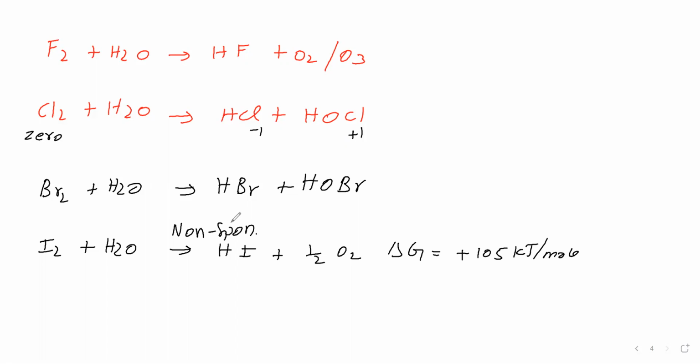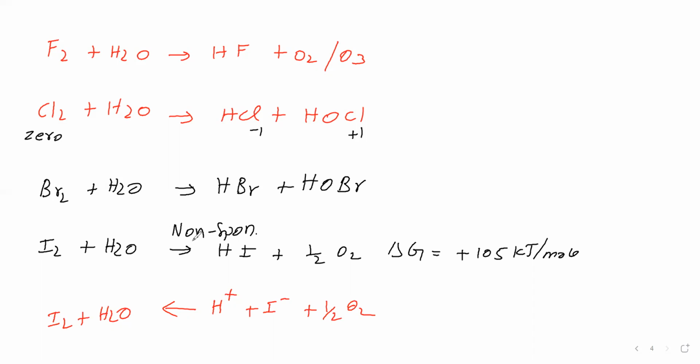But the reverse is possible because delta G is negative for the reverse. How the reverse reaction is possible, that we will see. HI we can write as H plus and I minus, with O2. So what we get is I2 and water. That means oxygen can oxidize I minus.